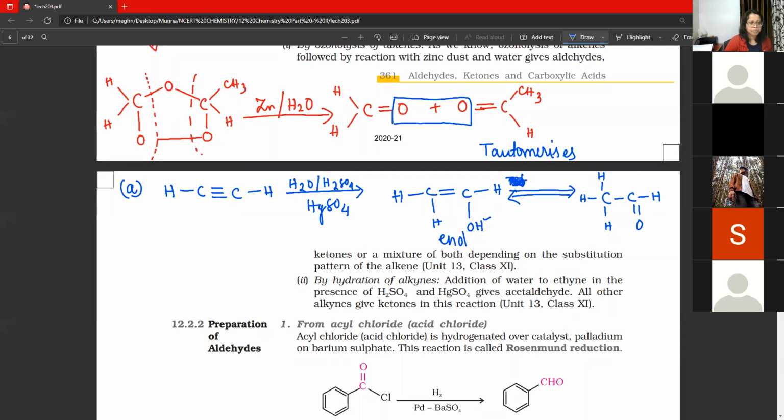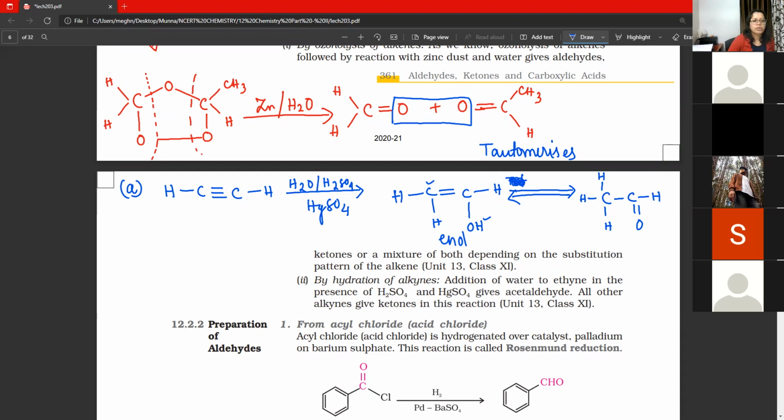Children, I'm repeating again. Out of these two pi bonds, one got broken, and with that, H and H being attached. This further tautomerizes, means rearranges. How is it rearranged? The carbon with which oxygen is attached will get a double bond. The double bond between these two carbons is going to break, and the hydrogen on this carbon will go to the neighbouring carbon. So see, CH3 is formed, two hydrogens were already there and one got added, and then C double bond OH.